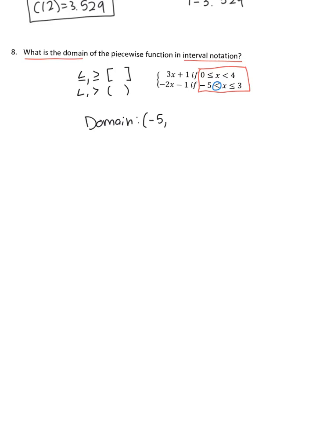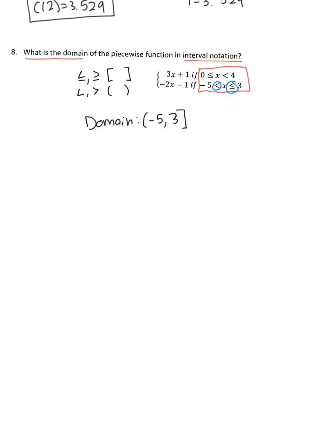I'm going to look for the next largest number. So we went -5, 0, but 0 is already included. The next number is 3. 3 is not included in a previous domain. So my graph is going to have a break at 3, and since this symbol has a line underneath it, I'm going to put a bracket around that.